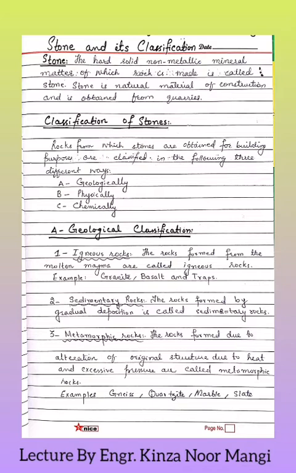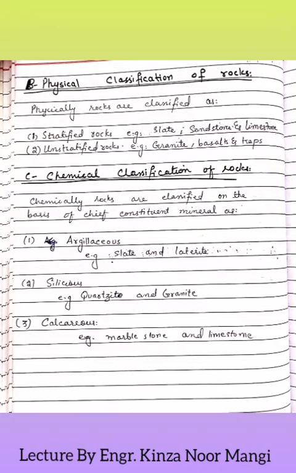Now coming toward the second classification, B, physical classification of rocks, which depends upon the physical structure of the rocks. Physically, rocks are classified under two headings: number one is stratified rocks, and number two is unstratified rocks. Stratified rocks are those which can be converted into thin slabs.